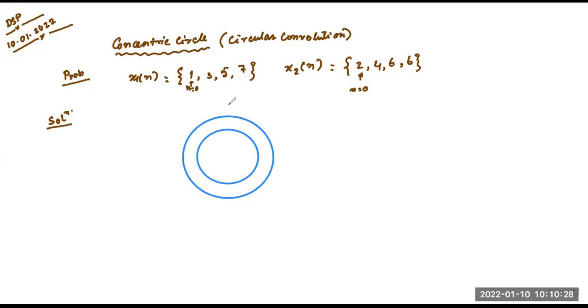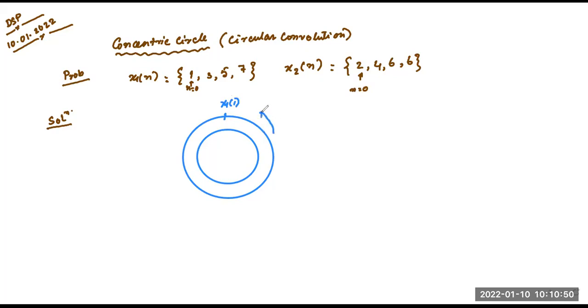So what we are doing, we are putting the x1 values here. This will be x1[1], sorry, this will be x1[1]. First, we will do it anti-clockwise, that means this way.